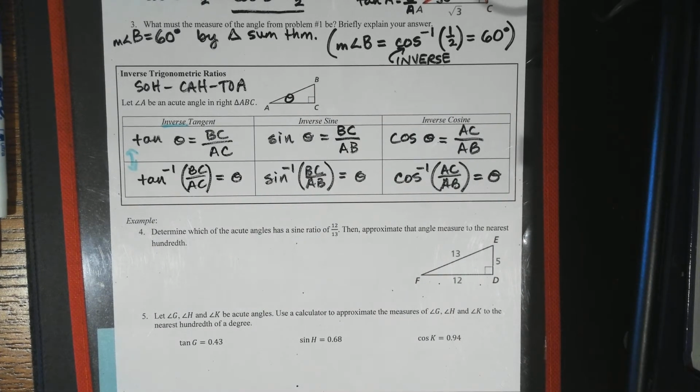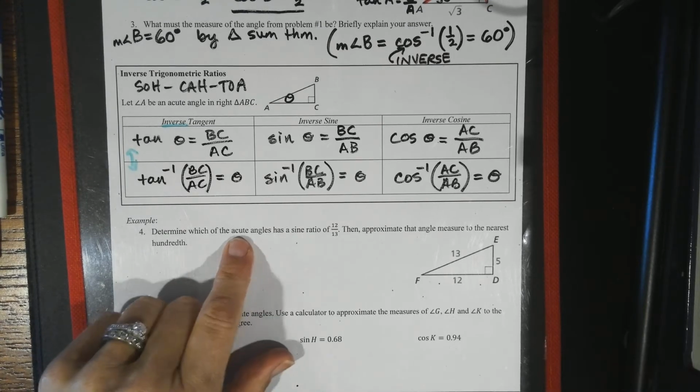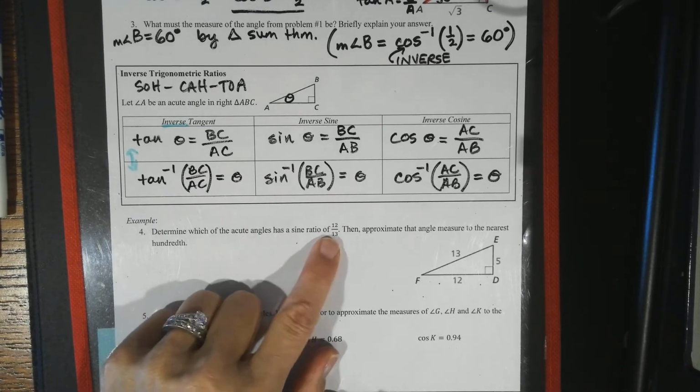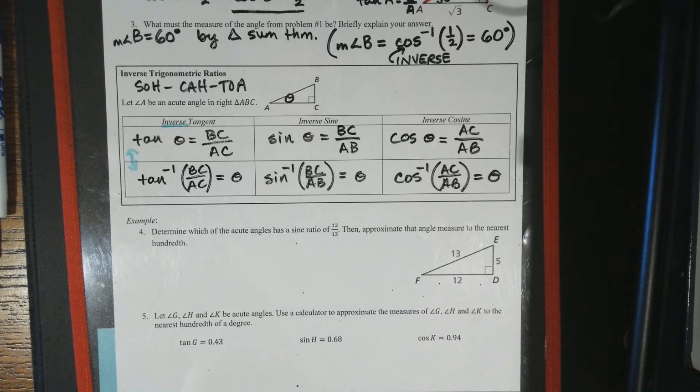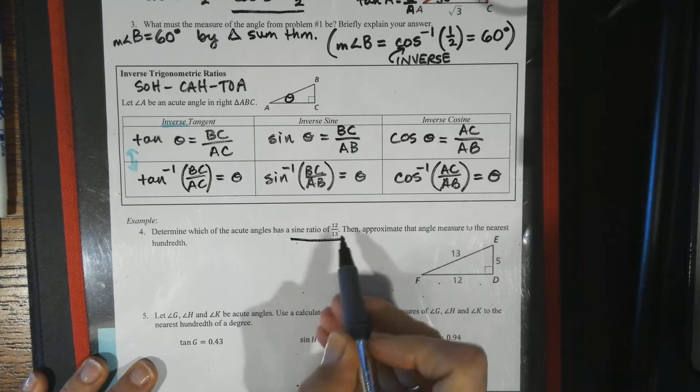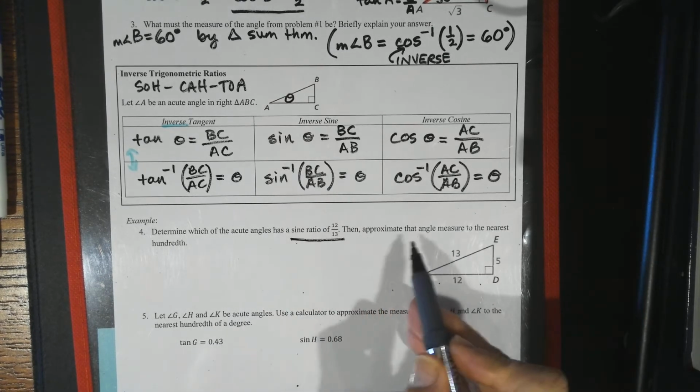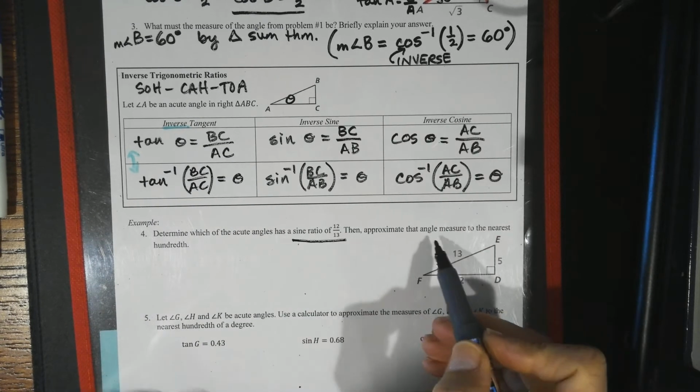Now, examples. Keep this in front of you. Determine which of the acute angles has a sine of 12 over 13, then approximate that angle measure to the nearest hundredth.